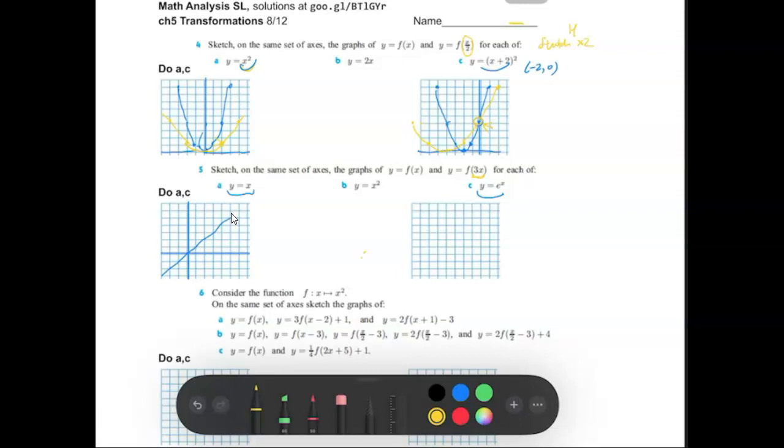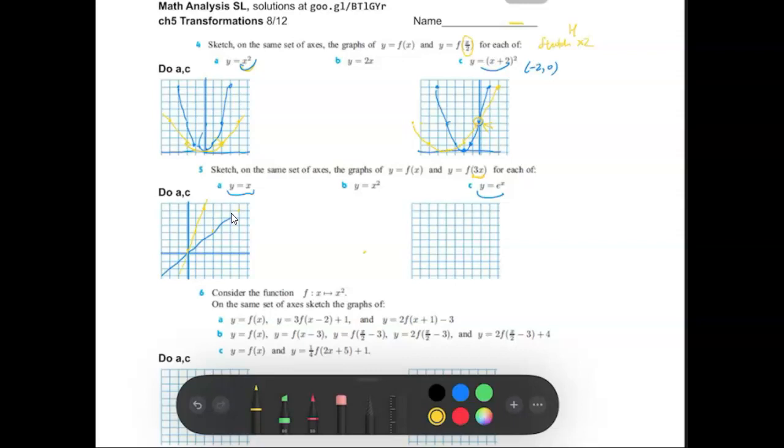So instead of being 3 units away, it's going to be 1 unit away. Right? Instead of being 6 units away, it's going to be 2 units away. Okay, so something like that.